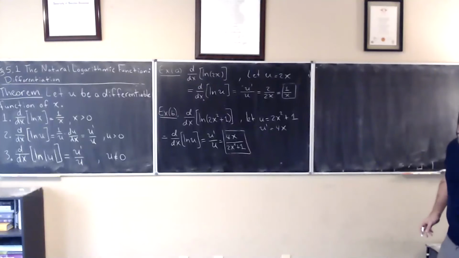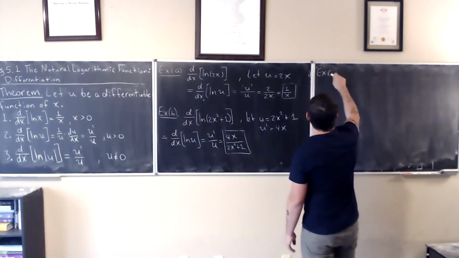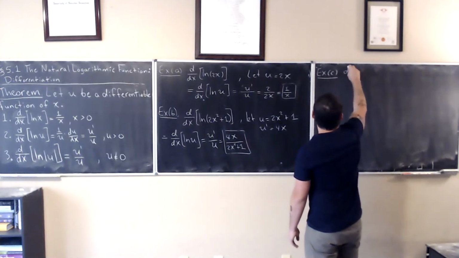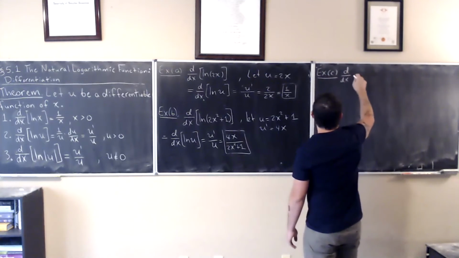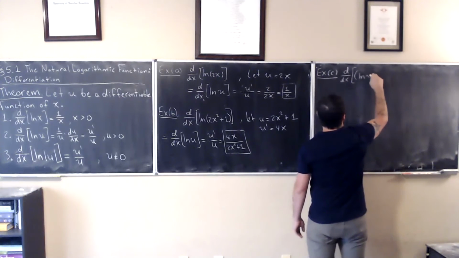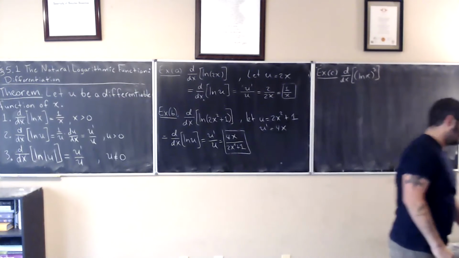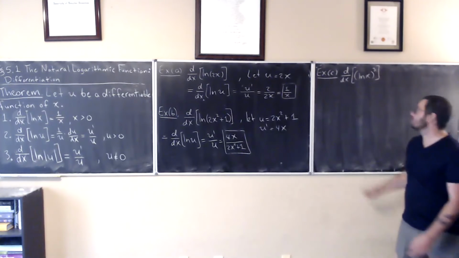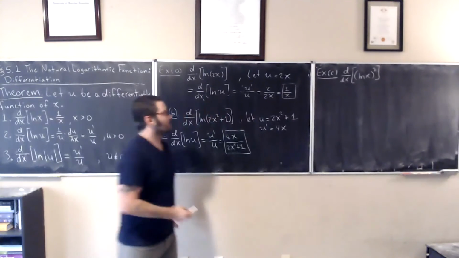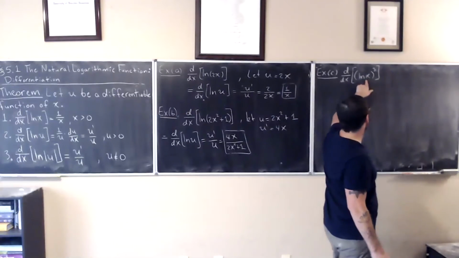Okay, so maybe let's look at another one. So let's look at the derivative with respect to x of natural log of x all cubed. So here we need to apply the chain rule first, right? We have something cubed and then something else inside, right?